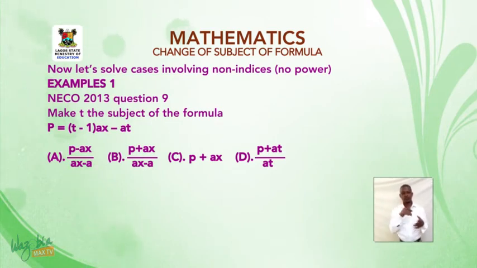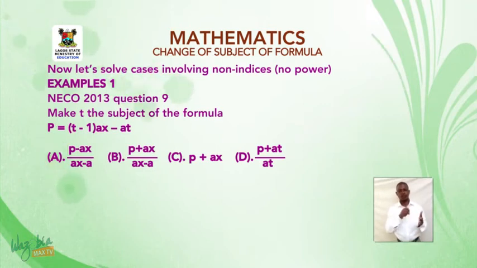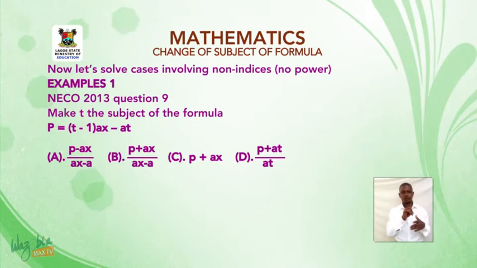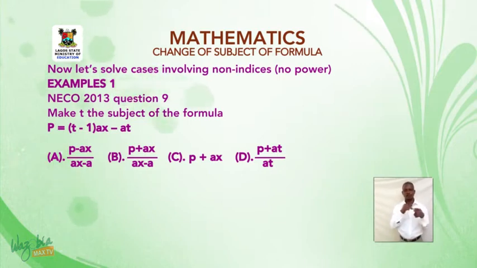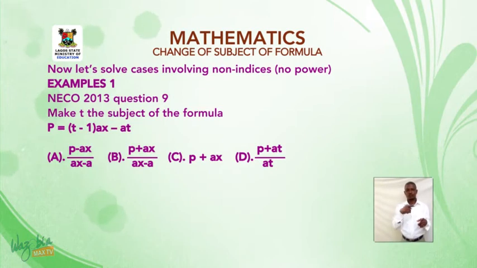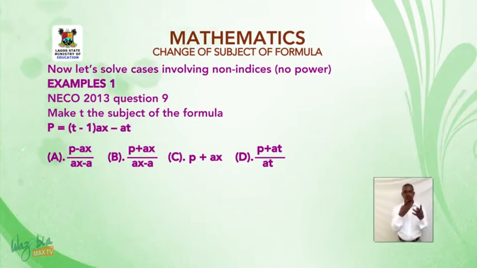A. P minus AX over AX minus A. B. P plus AX over AX minus A. C. P plus AX. D. P plus AT over AT.